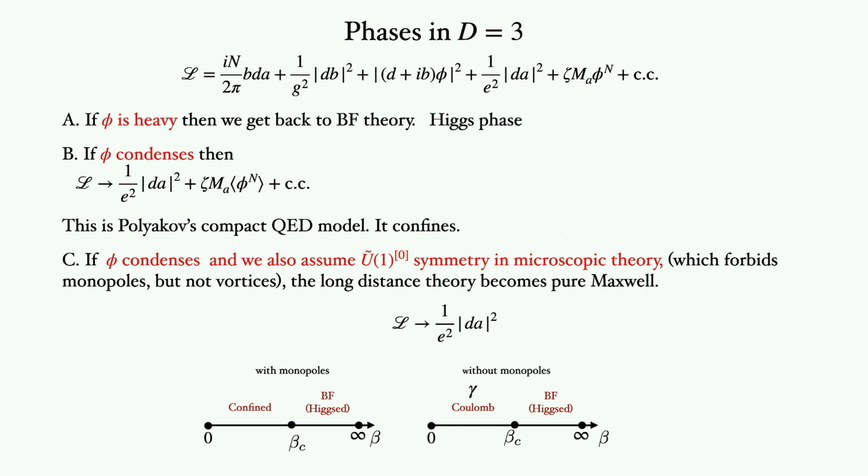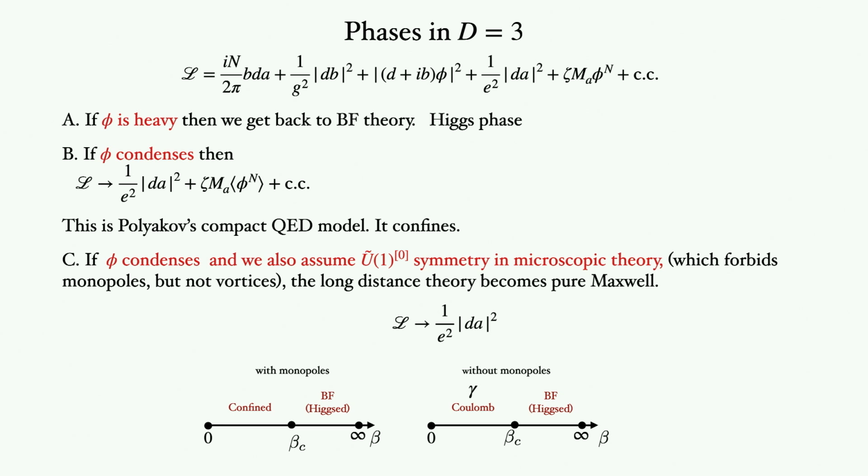If that scalar condenses, then the B gauge field acquires a mass. So I can drop the topological term now, and I can drop anything related to B. So the Lagrangian becomes this, which is quite familiar. This is Polyakov's compact QED. It confines.